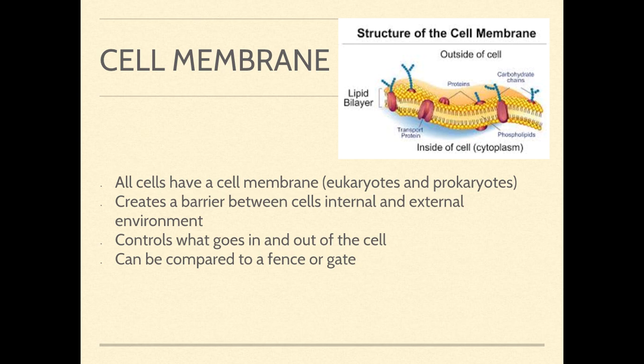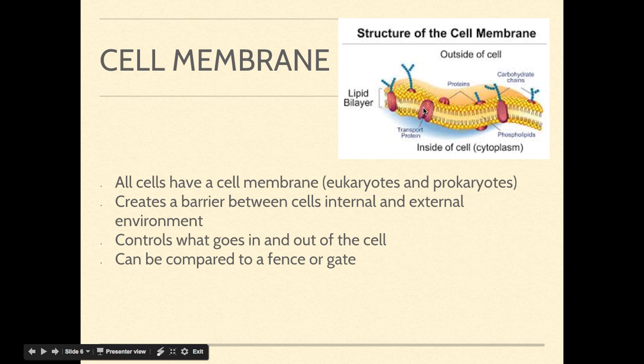The cell membrane is our third structure we'll talk about. Now this is one that's found in eukaryotes and prokaryotes. Basically, if you're a cell, you have a cell membrane. It's made of the phospholipid bilayer, and within this phospholipid bilayer you have embedded proteins, and when we talk about cell transport, we'll see what they do.